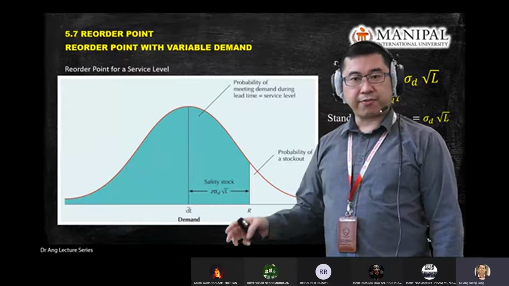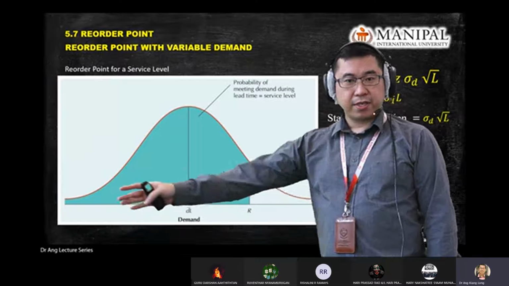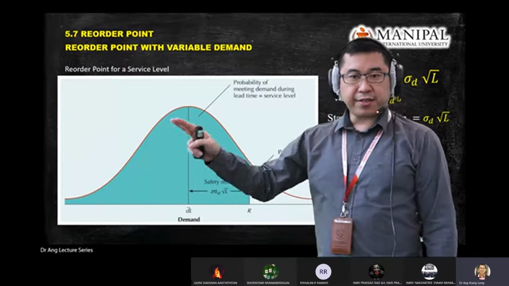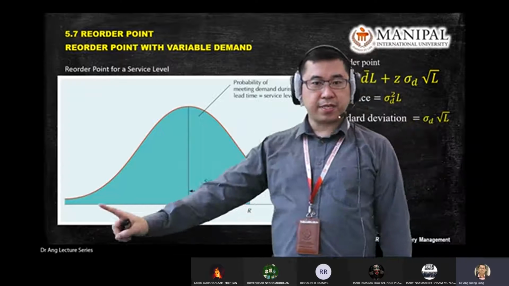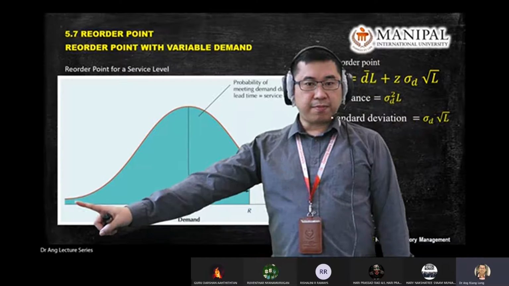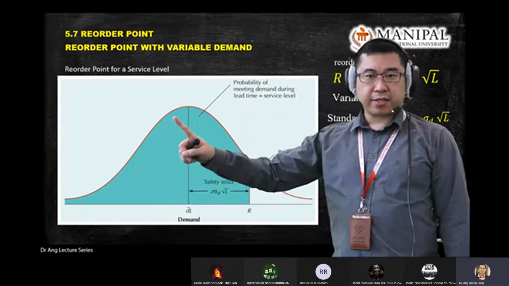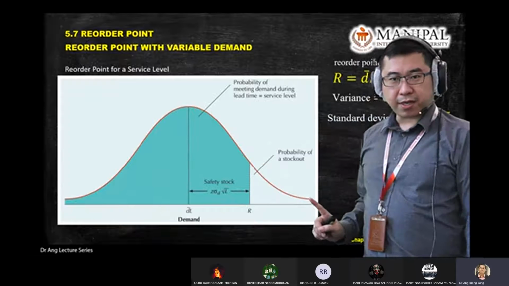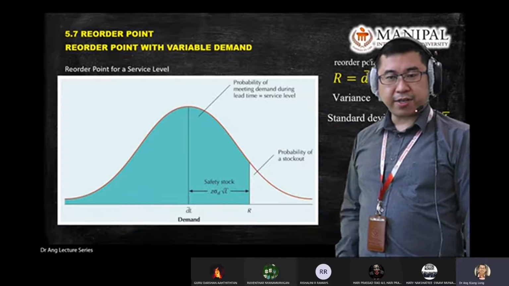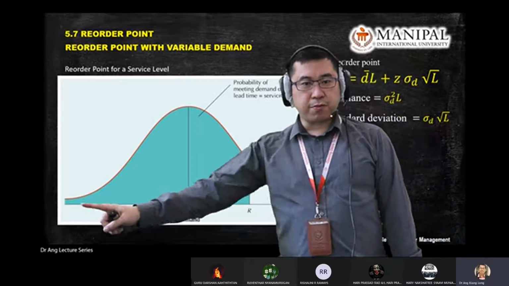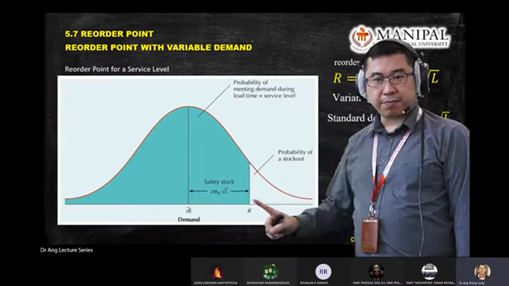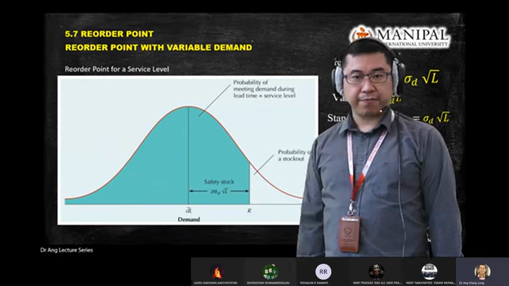And you know that when you have a normal distributed graph, the area under the curve is 100%, which is from this point up to the last point on the graph here. But we use decimal place, so from 0 to 1 is 100%, the area under the graph.